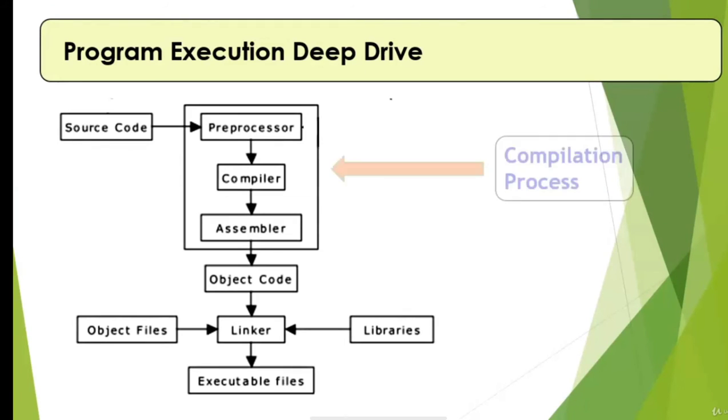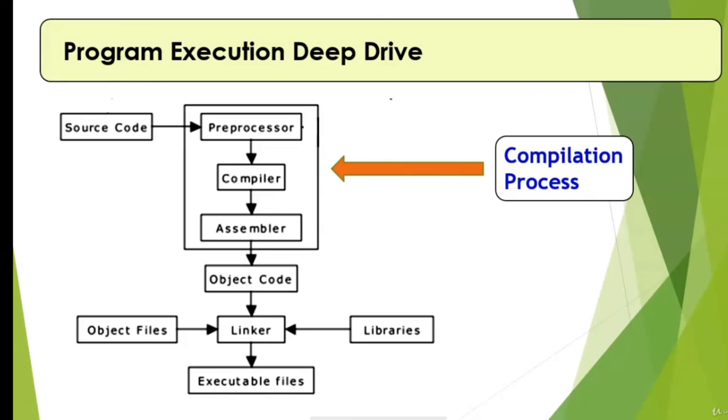Let's understand program execution in more detail. Initially the source code is prepared and passed to the compiler. In the compilation process there are three components: preprocessor, compiler, and assembler. The preprocessor works on preprocessor directives present in the source code. The compiler checks if there are any syntactical errors in the program.